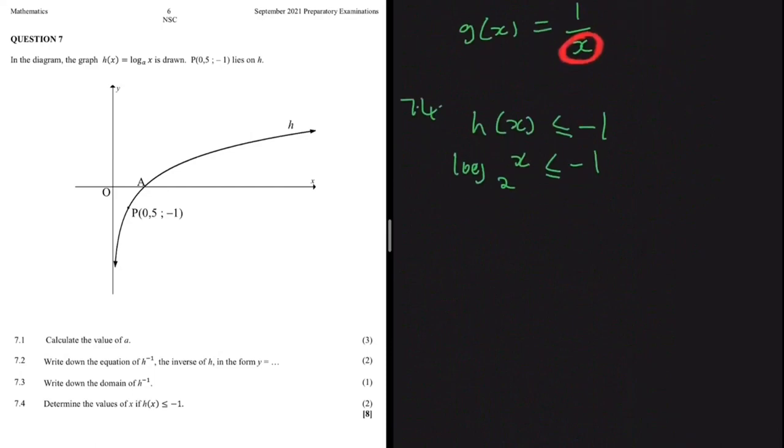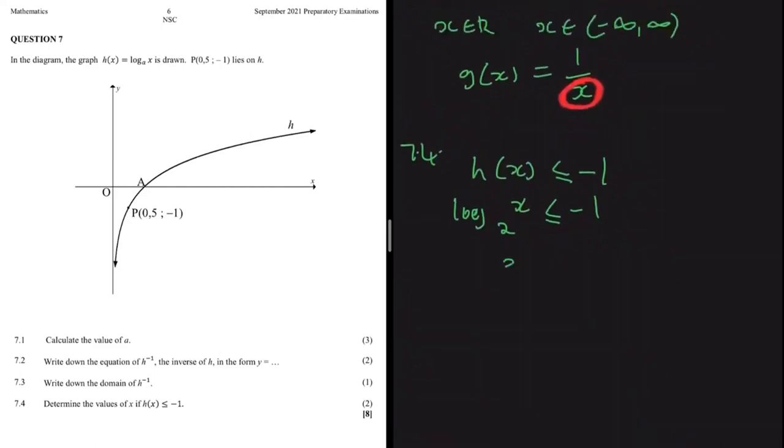If we do that, we get x is less than or equal to 2 to the minus 1. 2 to the minus 1, we already said that is 1 divided by 2. So x is less than or equal to 1 divided by 2. So we need x to be 1 divided by 2 or less.